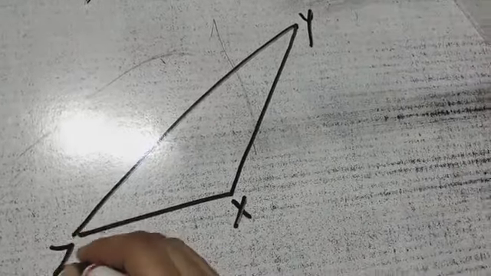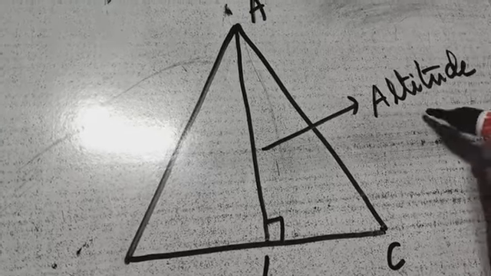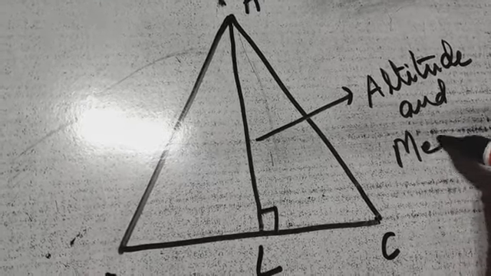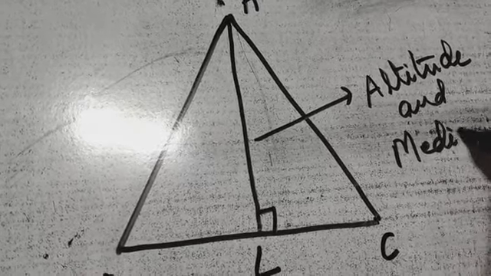Now we have to draw a diagram to see if the median and altitude of an isosceles triangle can be the same. See, if we draw a median from this point, it will split it into two. Okay, and if we draw an altitude also, this will be perpendicular. Okay, so AL is the median and this is the altitude, and this is only the median. But this will be only in the case when we are making it from point A where the two sides are equal.